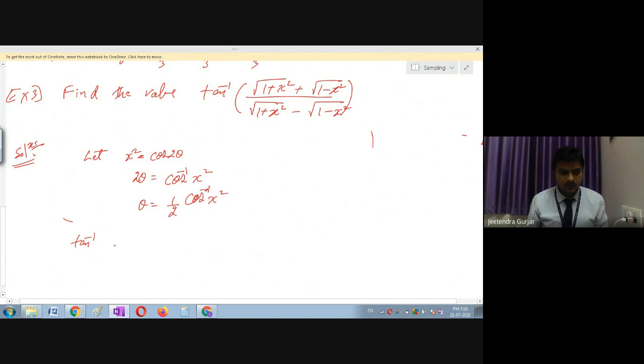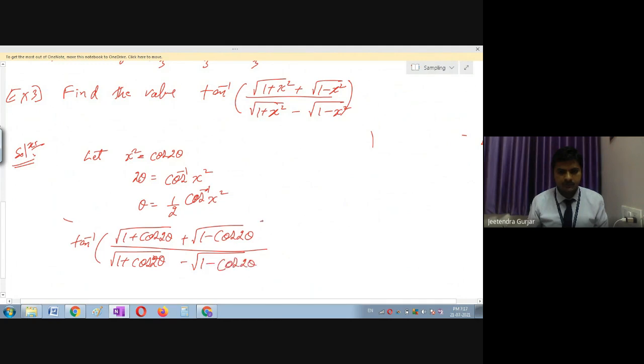After looking at this lecture completely, you will definitely find it very useful and very helpful. Okay, so I'll just substitute here now. Wherever x square is there, I will substitute cos 2 theta. So this is 1 plus cos 2 theta plus square root of 1 minus cos 2 theta divided by 1 plus cos 2 theta minus square root of 1 minus cos 2 theta.